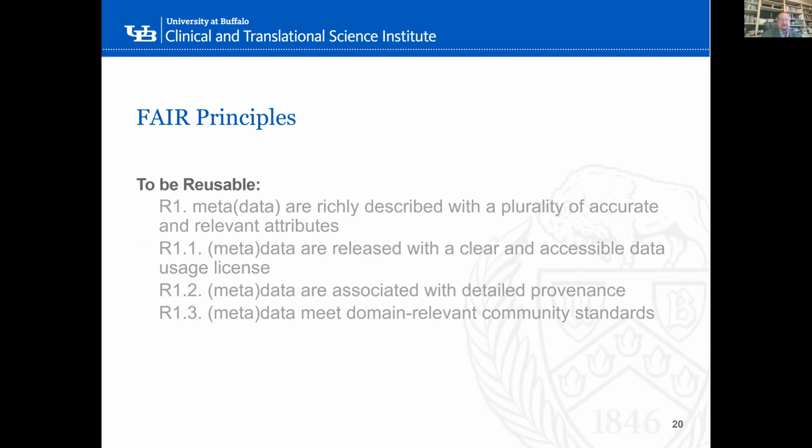So for reusable data, the metadata are richly described with a plurality of accurate and relevant attributes. The data are released with a clear and accessible data use license. The data are associated with detailed provenance. The data meet domain-relevant community standards. And this is what constitutes the FAIR data principles.